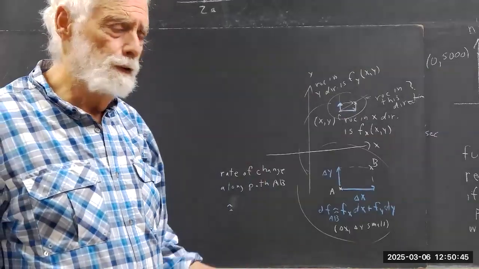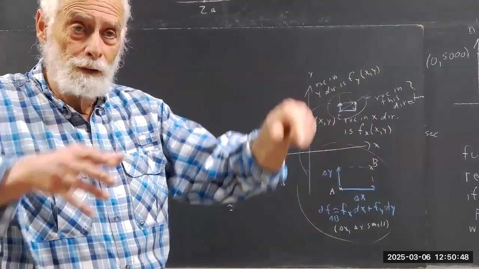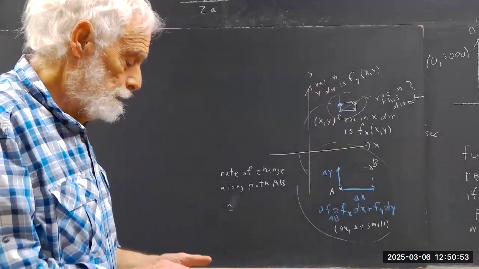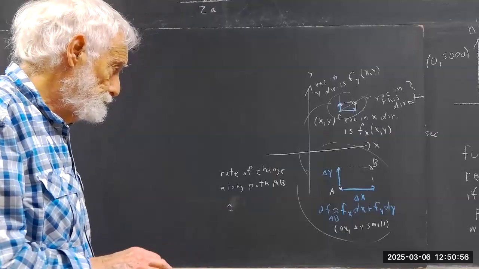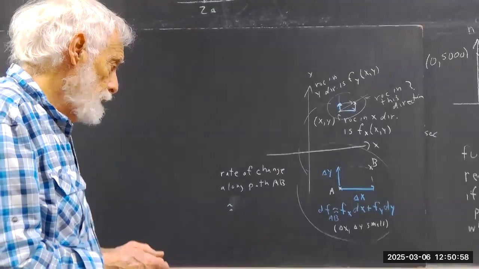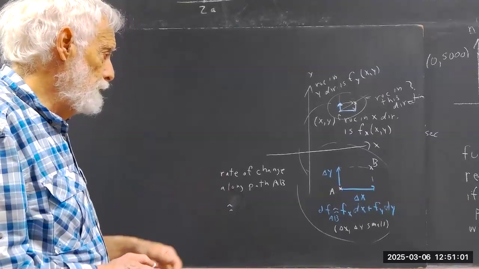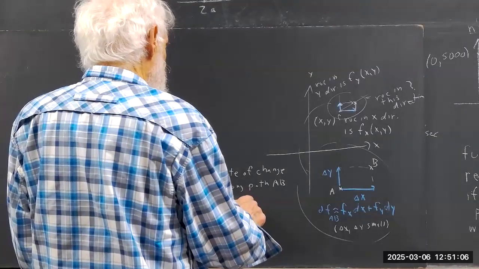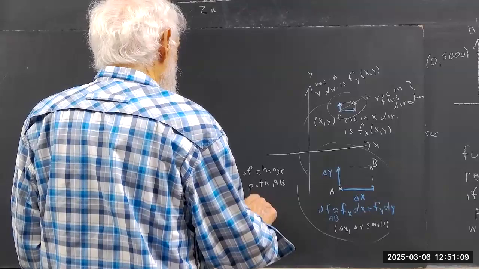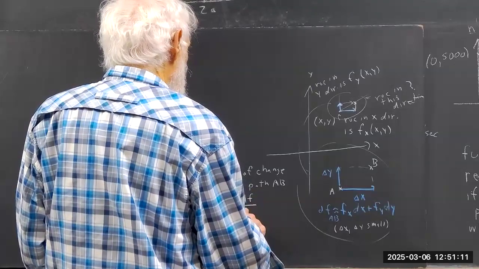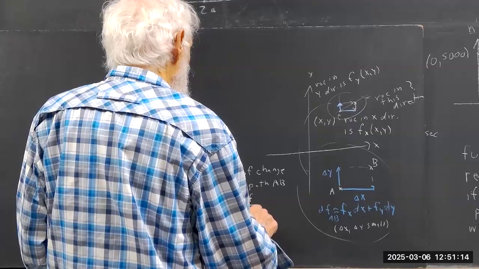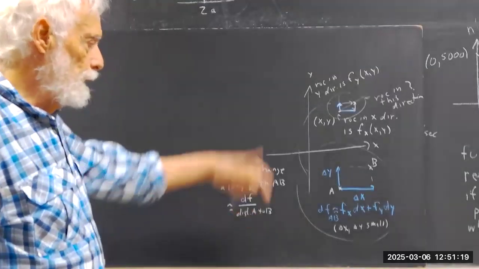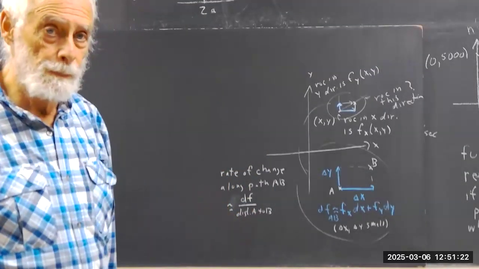I think I gave at least one of you a couple of notes on that figure, the picture with the deltas and the A and B. So the rate of change is approximately equal to the change in the value of the function over the distance from A to B.